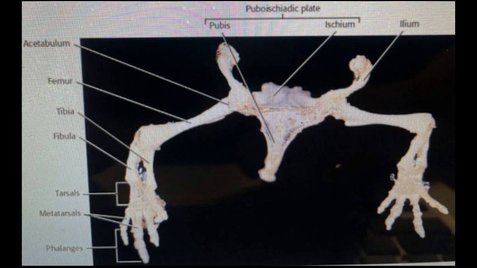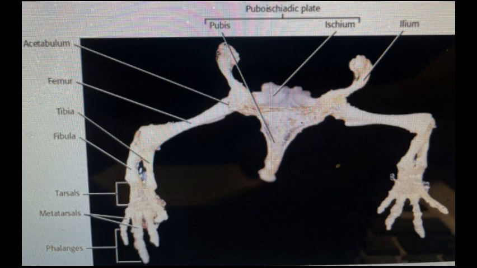The pubis, ischium, and ilium are actually made up of calcified cartilage, which is the same as in the shark, and unlike the cat. The pubis, ischium, and ilium connect to the acetabulum, which connects to the femur of the mud puppy, which allows for lower body movement of the animal, which is important because it doesn't just swim in water.